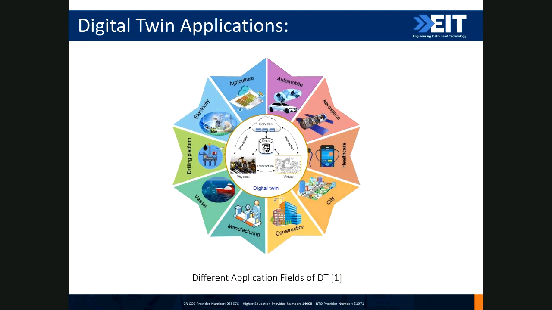So as we can see in this diagram over here, the DT applications can be found in smart cities. It can be used in construction, healthcare, agriculture, cargo, automobiles, aerospace, electricity generation. This is cargo manufacturing, all those sorts of fields. DT is basically applicable almost everywhere.